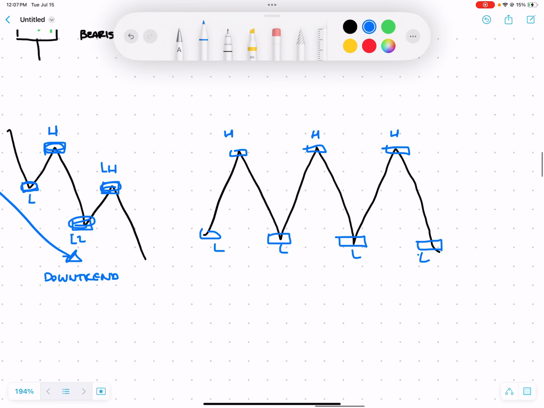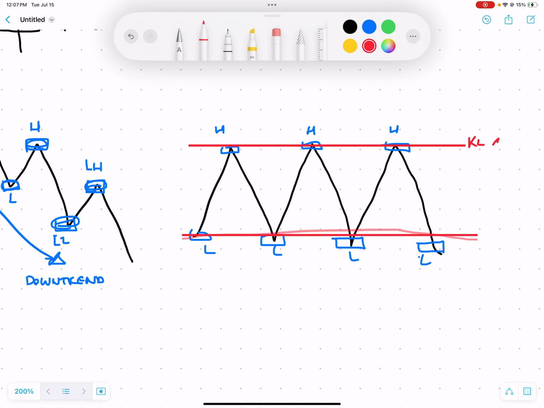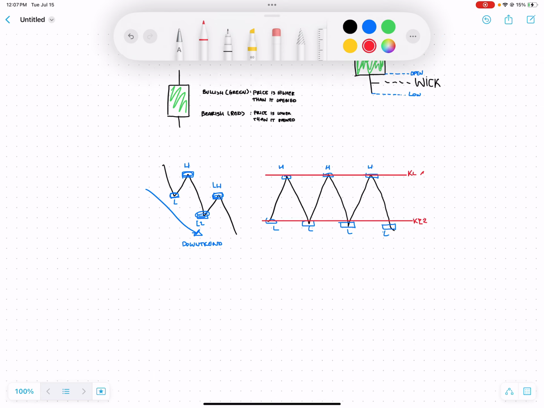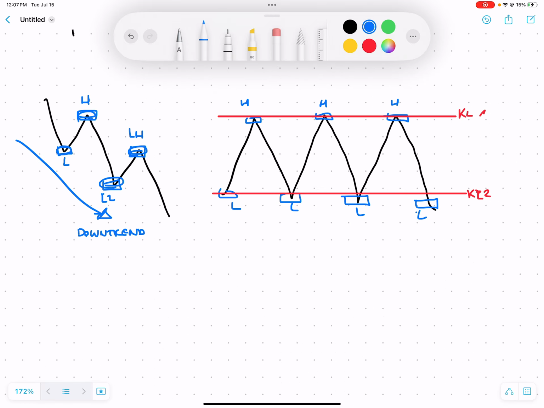And essentially price is stuck between what's called key levels. I'll call it key level 1 and key level 2. This is the structure. These are the only 3 things you will see when you trade: downtrend, uptrend, and consolidation.